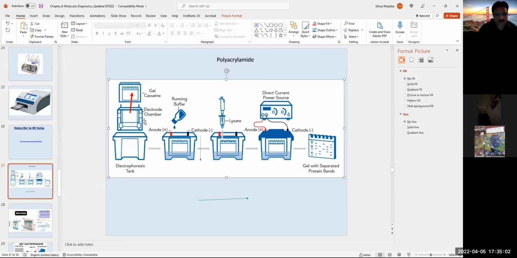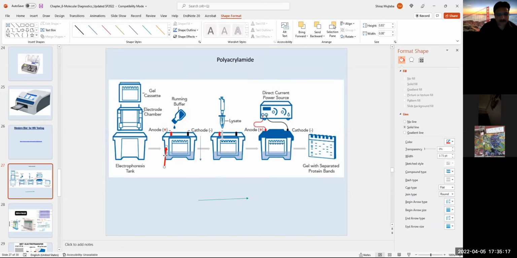You take two plates, in between the plates you put a spacer. You don't need to know these details, I'm just telling you. You take two glass plates, put a spacer, then you pour the gel, and then you run a vertical gel as compared to agarose gel. You add your protein samples in every well and then run the gel. The proteins will separate on the basis of their molecular weight.